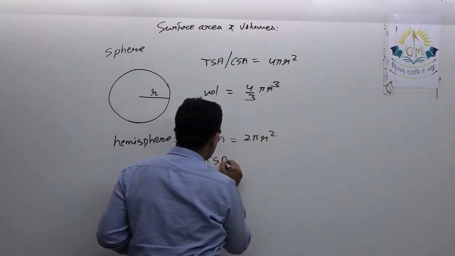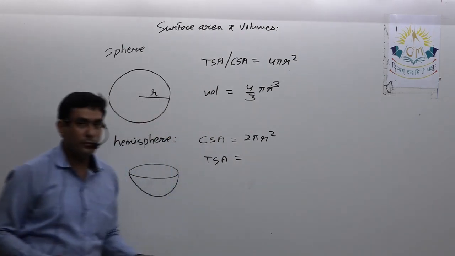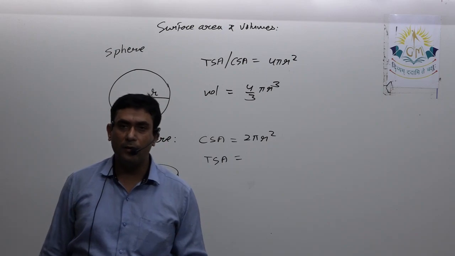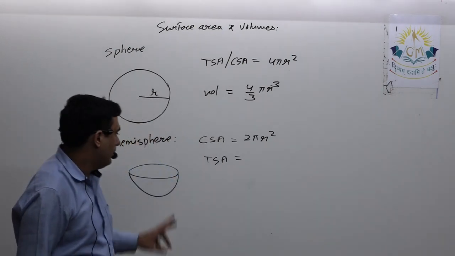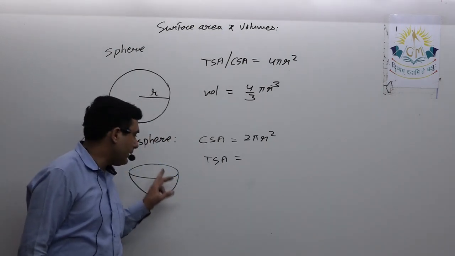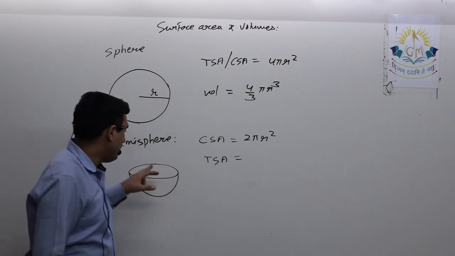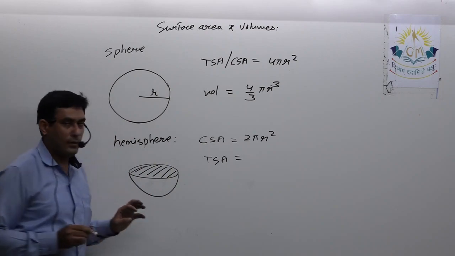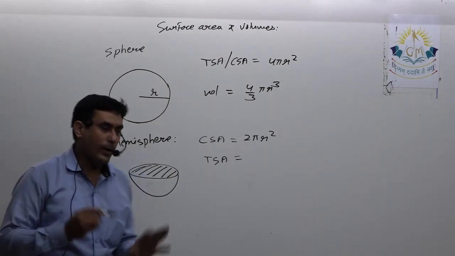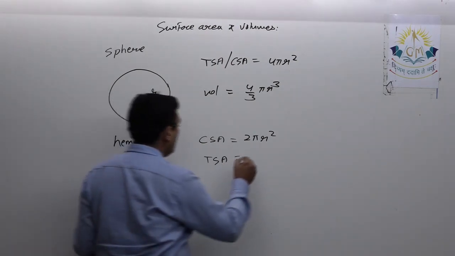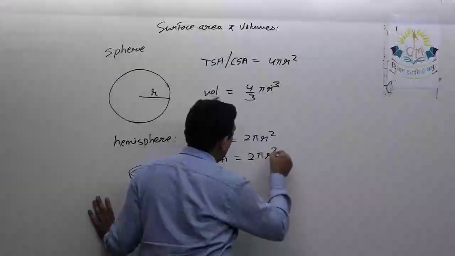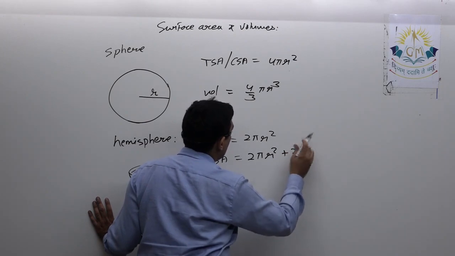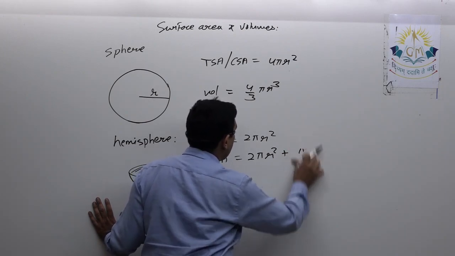Now, if I say total surface area, we know that to get the total surface area, we have to add the areas of all the surfaces. Here one is the curved surface, another one is the flat surface. The flat surface is circular, and the area of a circle is pi r square. That means if we add pi r square to the curved surface area, we'll get the total surface area.